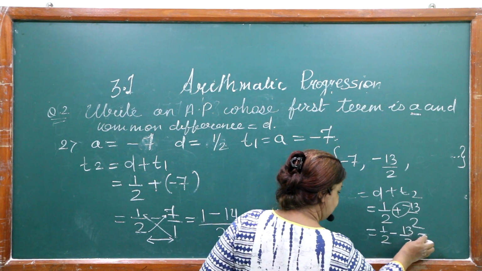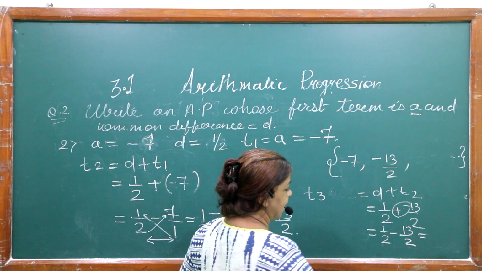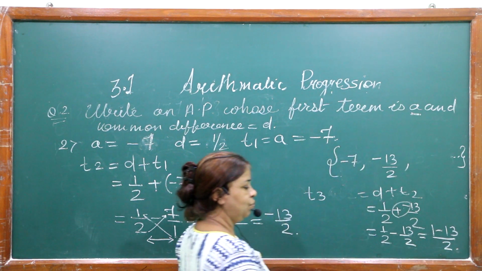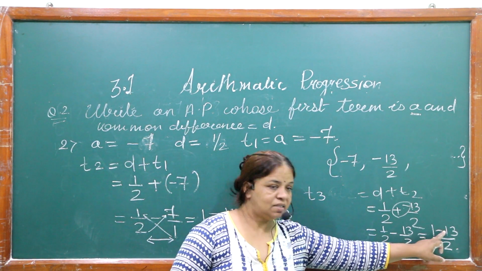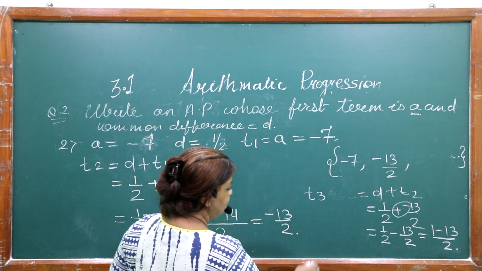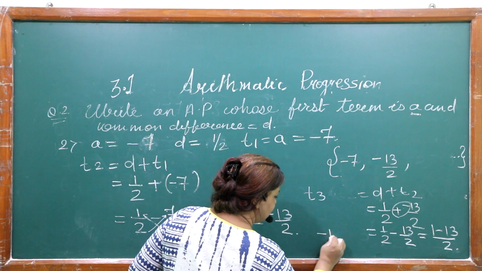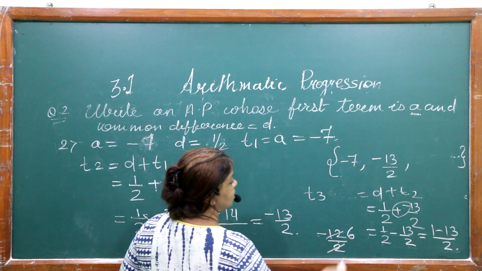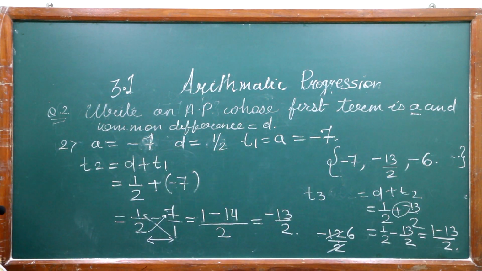The denominator is the same, therefore I can subtract them directly, or I will write 1 minus 13 by 2. Since they have the same denominator, you can easily subtract 1 minus 13. So 1 minus 13 will give you minus 12 by 2. Minus 12 by 2, 2 sixes are 12. So the answer is minus 6. That is the third term.